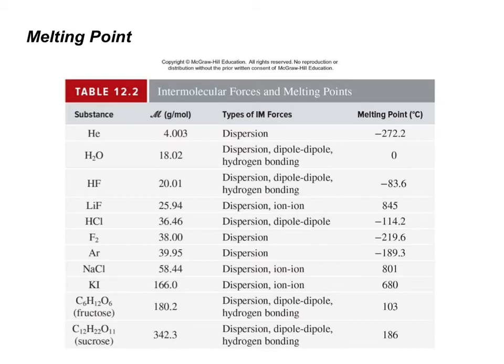And then we have lithium fluoride, which has an ion-ion bond with a melting point of 845. It's a crazy difference. So as we work down here, you will notice that the ion-ion interactions are always going to give you a very high melting point, whilst hydrogen bonding is also going to increase your melting point substantially compared with molecules of the same size.